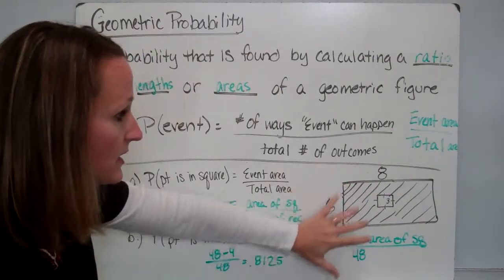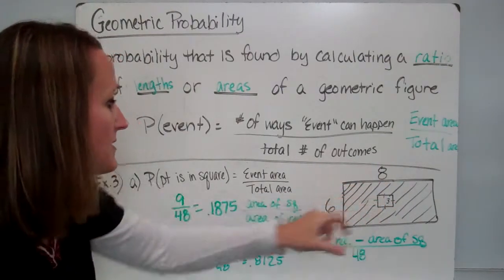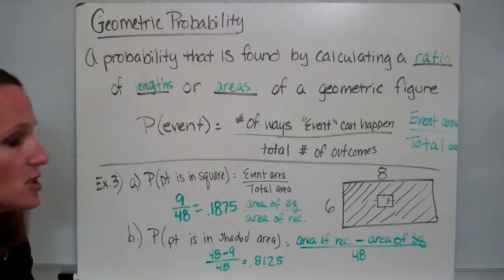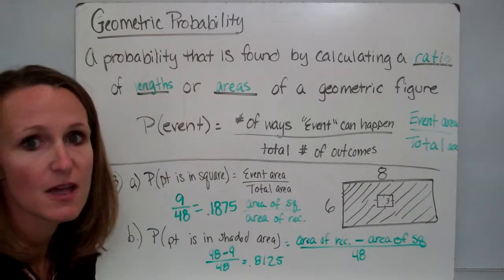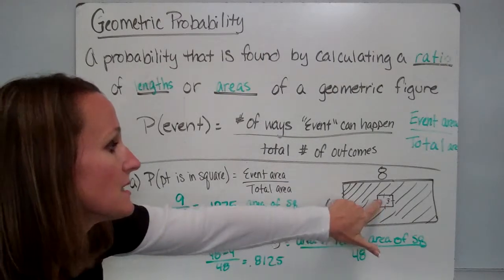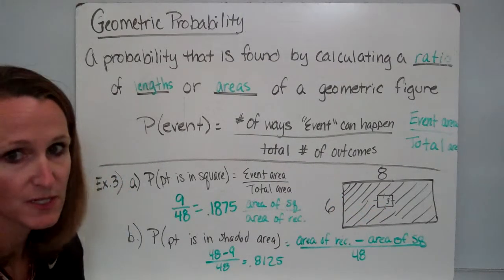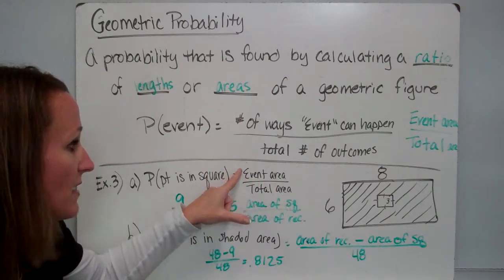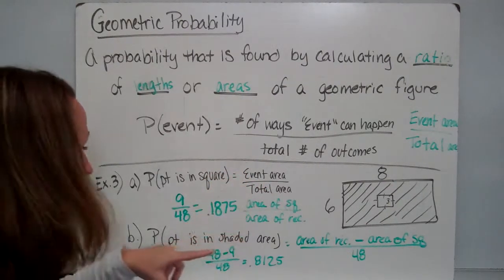So if we look at this figure, we have this rectangle and this square. We want to find the probability that a point is in this square. Let's say we were going to throw a dart and we want it to land in this square, this 3 by 3 square. So our probability can be found by taking the event area and dividing by the total area.